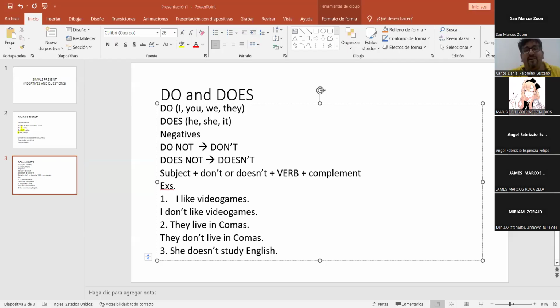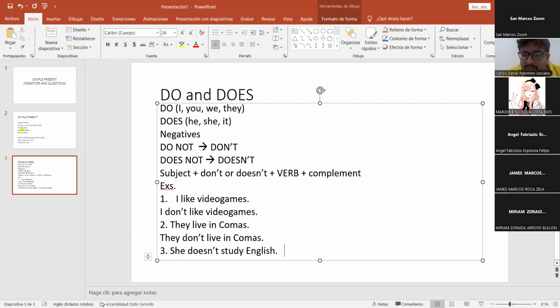Dicen que sí, dicen que no, está muy bien. De repente, el que dice que no, ha dicho, profe, pero si es she doesn't, el verbo tiene que ser así, pues, profe, mira, she doesn't studies, así, con S. Y te comento algo.